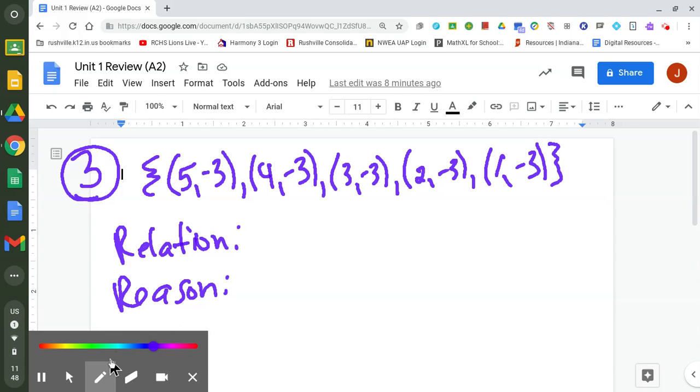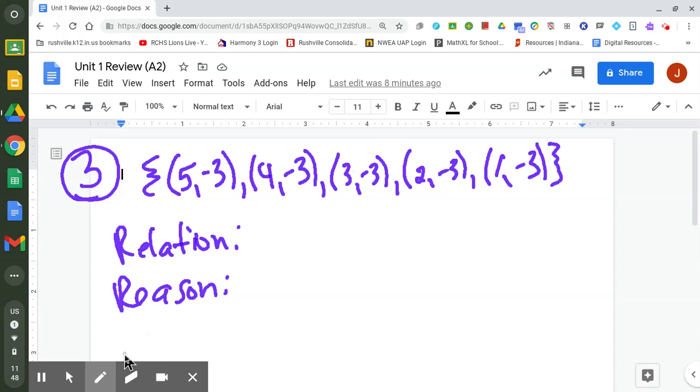So on number 3, you're given a set of 5 ordered pairs, and you're asked if this is a function. Well, on number 2, we knew that it was a function because we saw a picture of a graph and we knew that it passed the vertical line test, but this is not a picture of a graph.